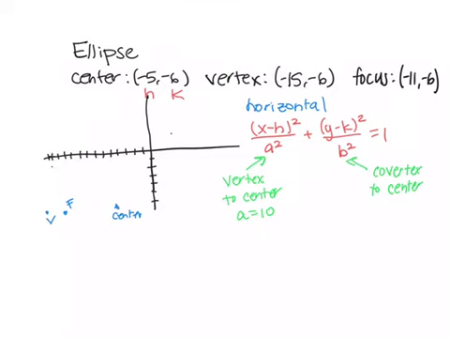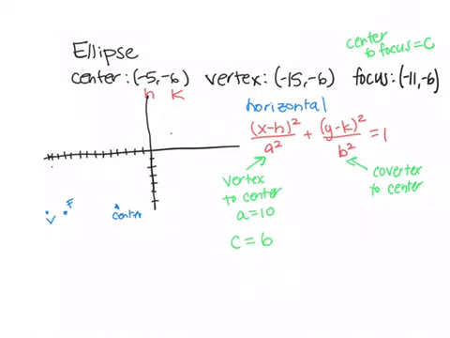So the other piece that you were given is the focus. And that does actually help you because from center to a focus is C. So from -5, -6 to -11, -6, that means that in this case we would be saying that C is equal to 6.